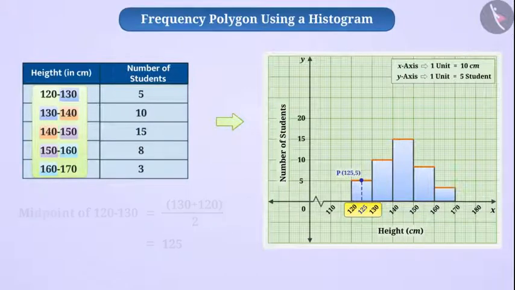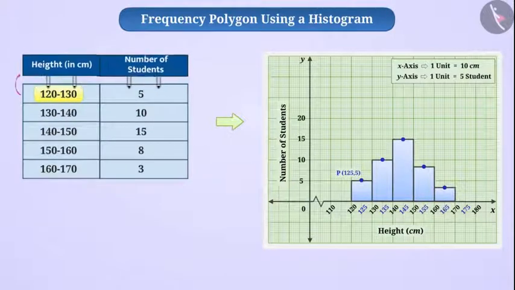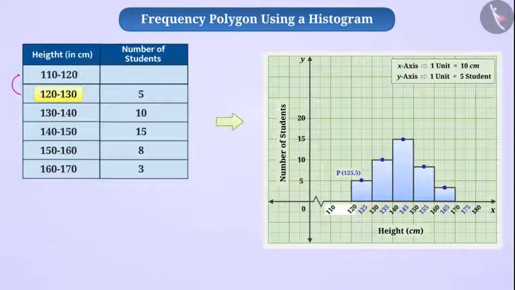Similarly, we will find the midpoint of the upper sides of all the rectangles. We assume that the class interval before 120 to 130 is a hypothetical class interval of 110 to 120 with a frequency of 0. That is, the height of any student is not in this class interval.